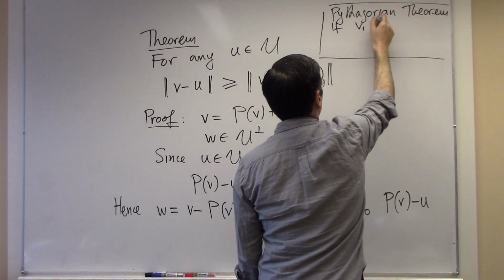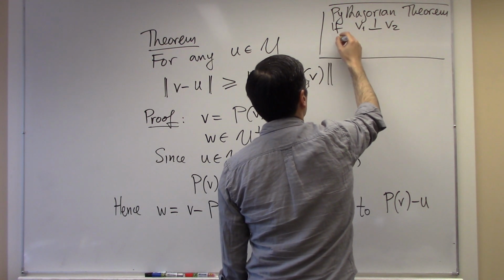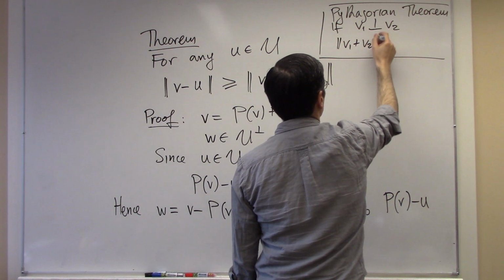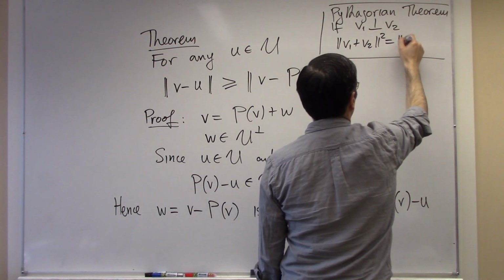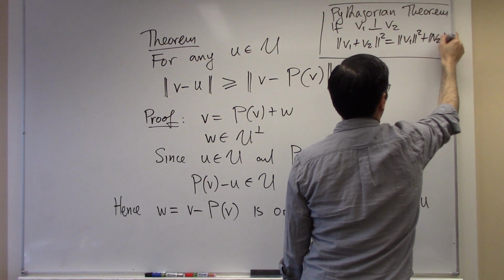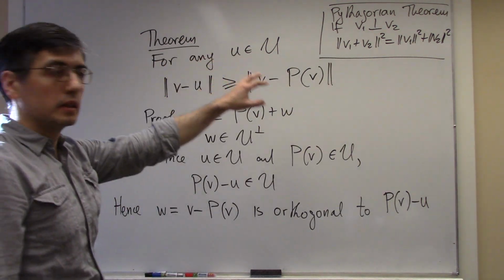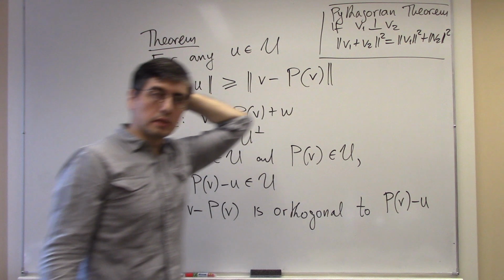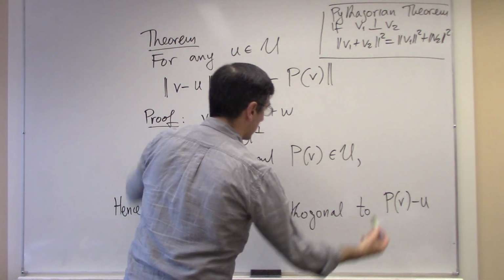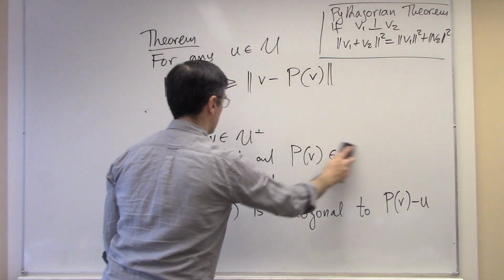If V1 is orthogonal to V2, then the norm of V1 plus V2 squared is the norm of V1 squared plus the norm of V2 squared. And so we have this generalization of the Pythagorean theorem. And now we have two vectors that are orthogonal, so we will apply this to these two vectors.